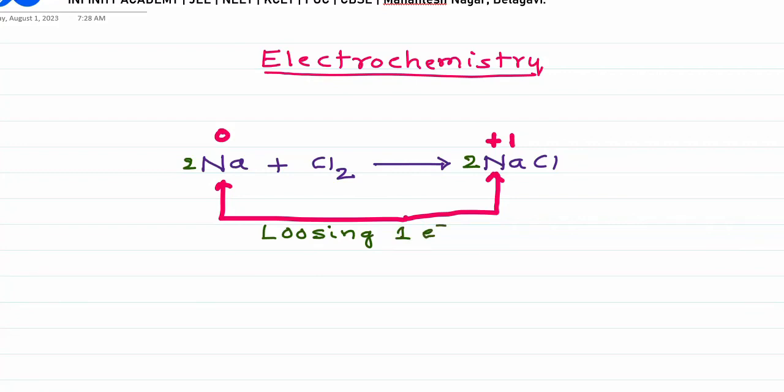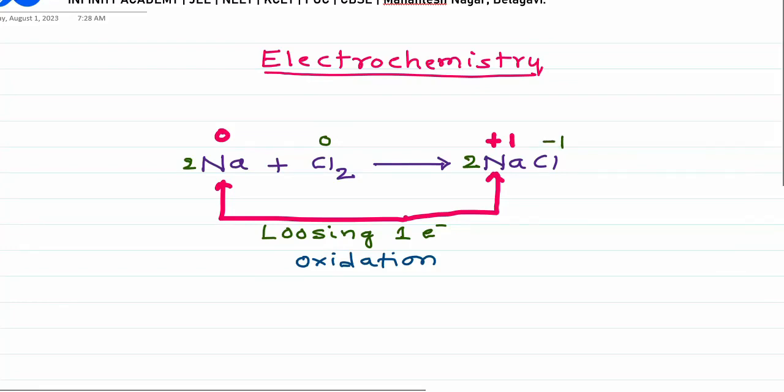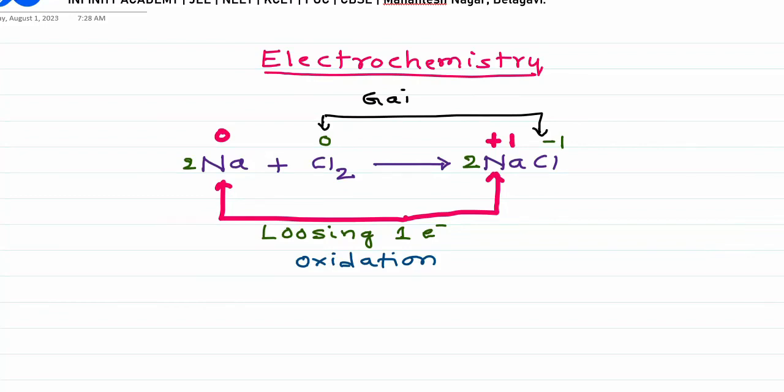And you know that loss of electron, we call it oxidation. At the same time, the electron lost by sodium is gained by Cl, and Cl is converting from the charge 0 to minus 1. It means Cl is gaining 1 electron, and you know that gain of electron, we call it reduction.